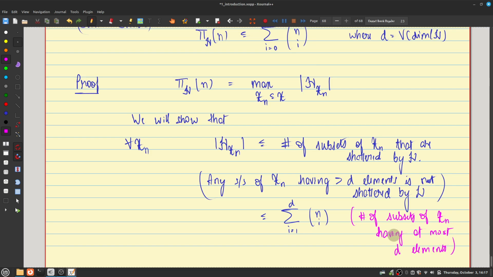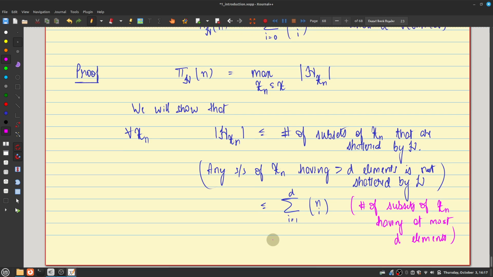This bound is true because in the worst case, every subset of size less than or equal to D could be shattered by H. Right? So if I'm able to show this particular statement, then I'm done. Right? You agree with me?